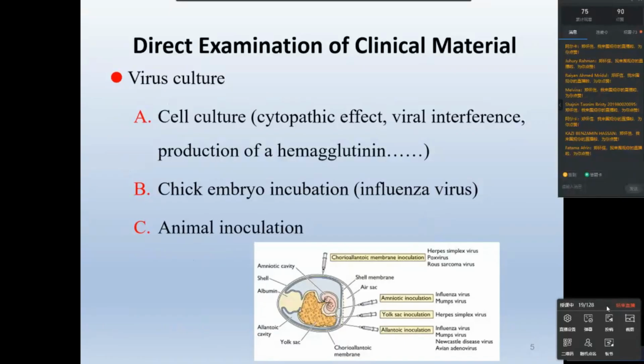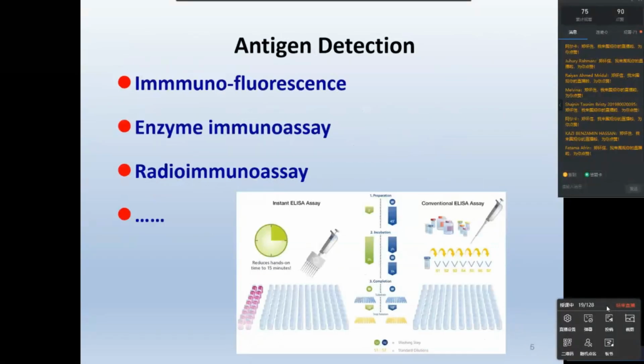We can also use the enzyme-linked immunoassays. For example, ELISA. So that's enzyme-linked immunoassay to detect some viral proteins. Or previously, people used a radioimmunoassay. So this is the method you incorporate radioactive material to your antibody.